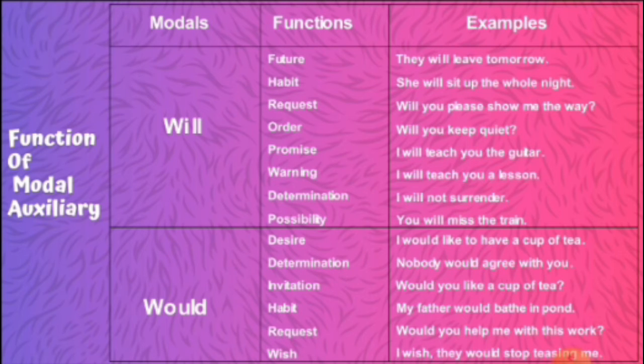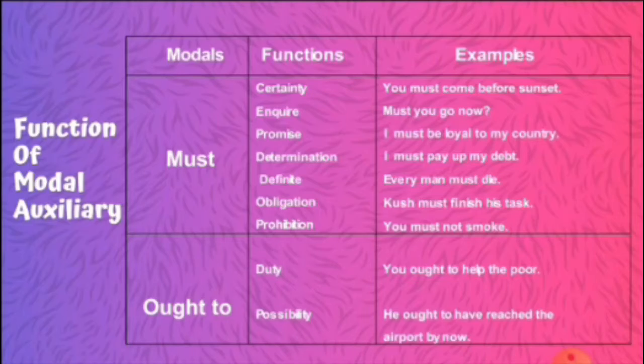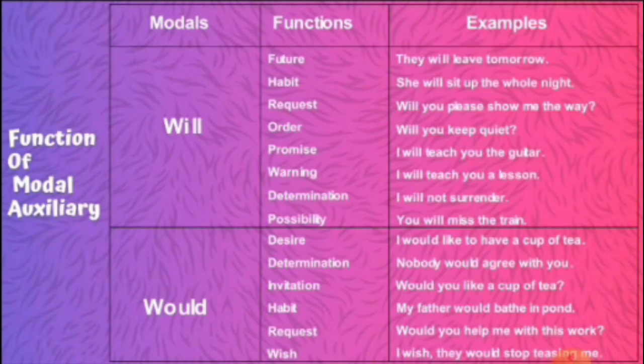So now let's move further to the next modal auxiliary, that is will and would. Will is used in the future tense, where we use will for asking permission, showing habits, requests, order, promise, warning, determination, and possibility. In will we can use it in a number of ways.